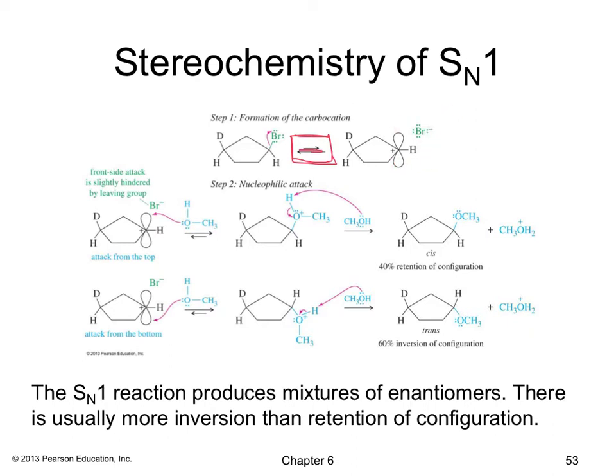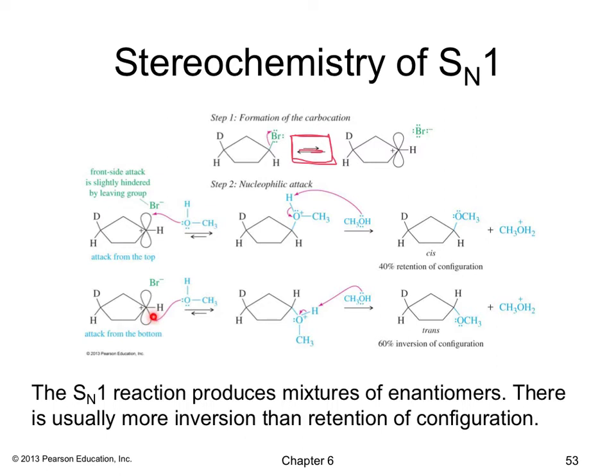Now you can have front side attack, in which the methanol oxygen comes and attacks the top, or attack from the bottom. If you get attack from the top, you're going to generate the bond. Again, it's protonated and positively charged, so then the oxygen of methanol, the solvent, plucks off that hydrogen, quenching that positive charge, forming the product shown here.